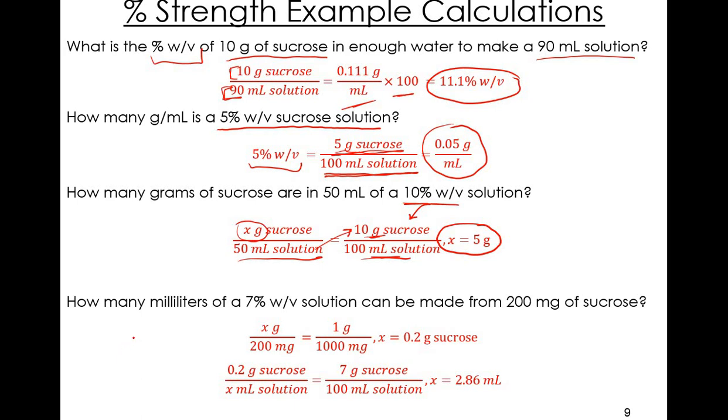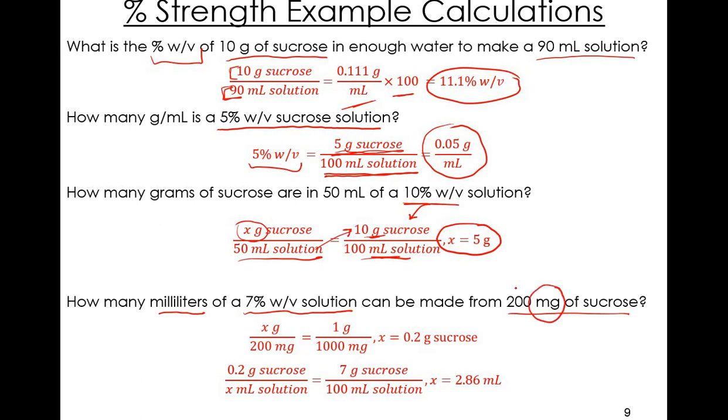In the last problem, we have a couple of different things going on. We're asked how many milliliters of solution can be made given a concentration of 7% sucrose, if we have 200 milligrams of sucrose. The first thing we have to be concerned with is the units.